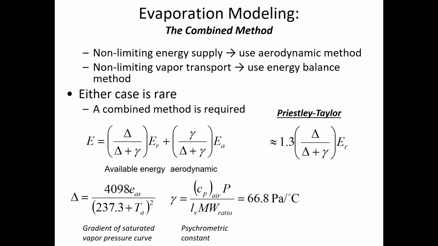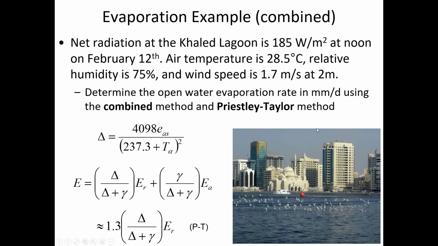So let's ignore Priestley-Taylor for a moment. It's just a similar simplification where you don't even have to calculate the aerodynamic. You just calculate only the energy method, and then it's 1.3 times this ratio.